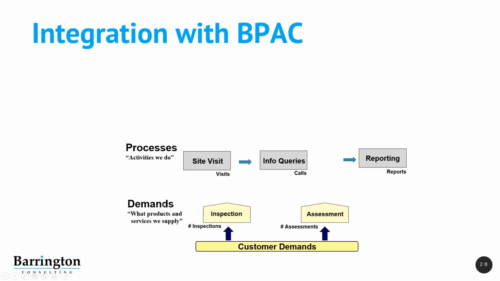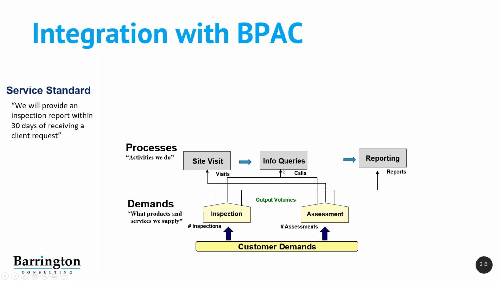These could be different types of loan applications, or different types of chickens with Eden Valley Poultry, or different types of products. These are your demands that go to your activities. What products and services we supply, those are really your demands. And to complete those, you have to go through a series of processes.